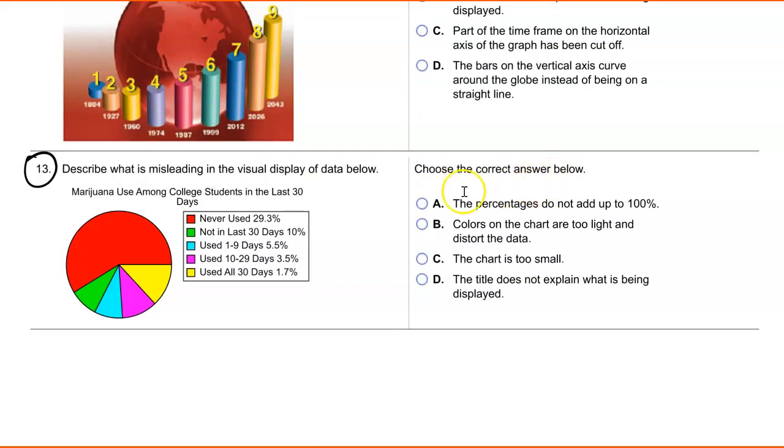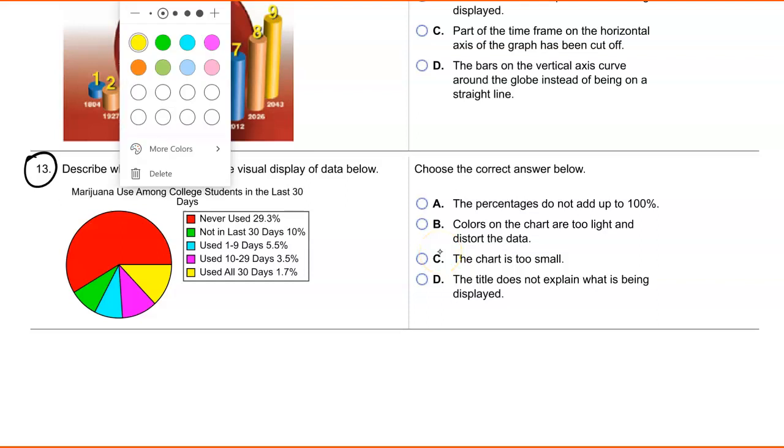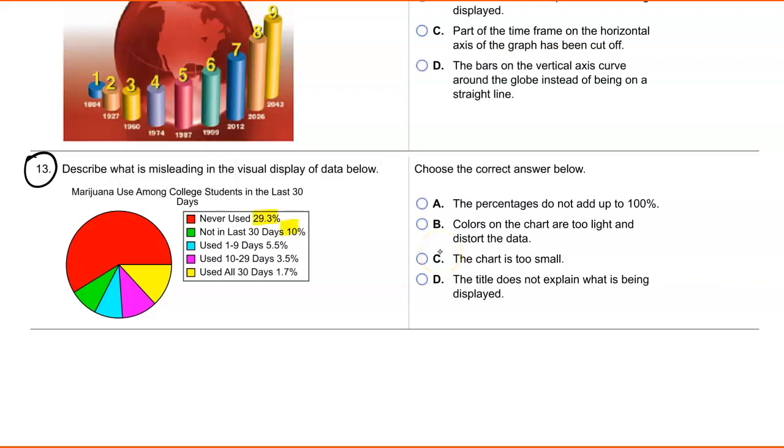Okay, question number 13. Describe what is misleading in the visual display of the data below. The visual display here is a pie chart. Each section represents some percentage, and they must add up to 100. But if you add all these percentages, they do not add up to 100. You can try by adding yourself.